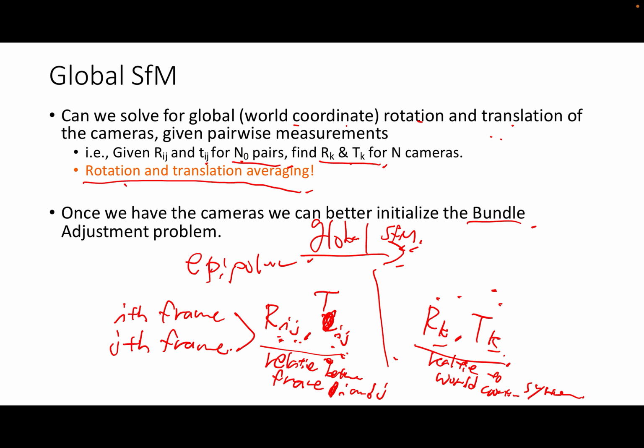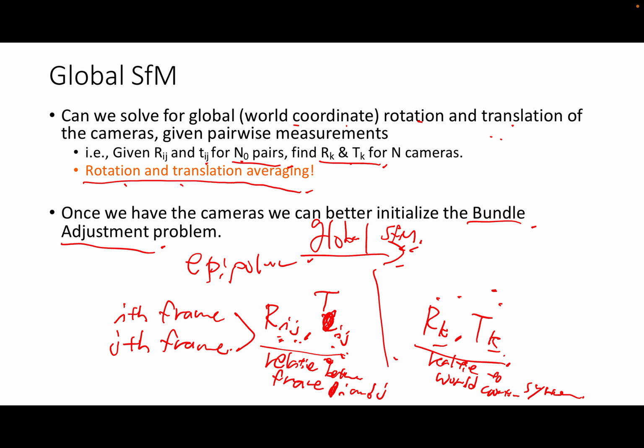We've learned bundle adjustment, right? From initial camera parameters and initial 3D geometry, we minimize reprojection error to refine the camera parameters and 3D geometry. So from rotation translation averaging, we get initial camera parameters.